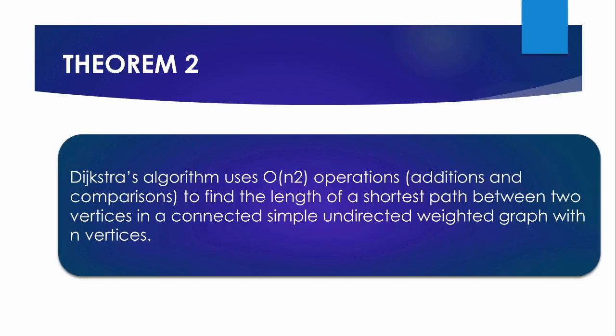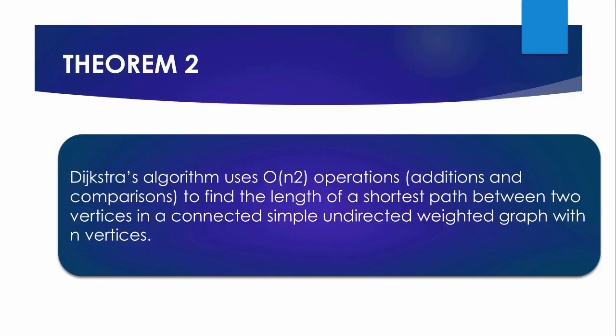It follows that no more than 2(n-1) operations are used at each iteration, because there are no more than n-1 labels to update at each iteration.